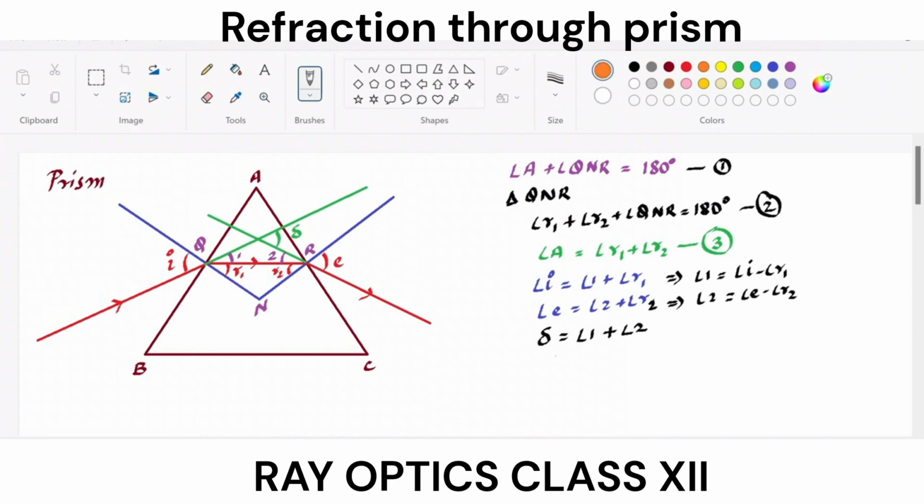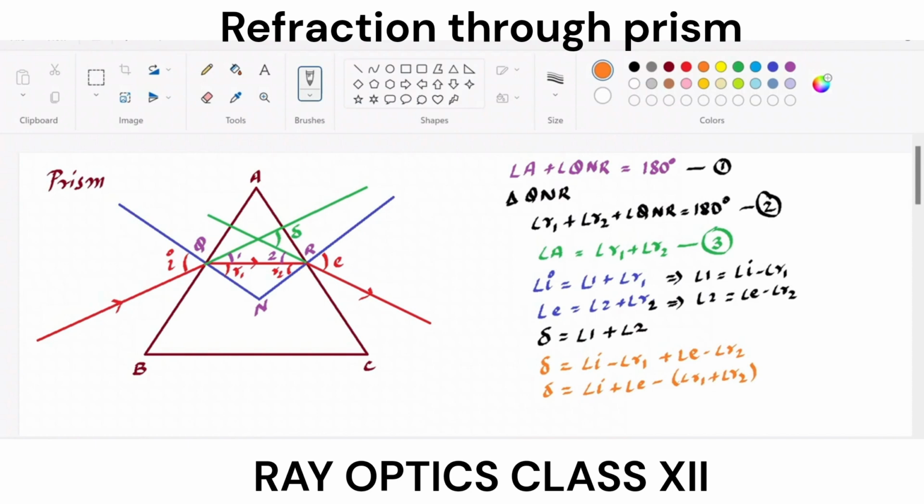So our delta will become equal to angle I minus angle R1 plus angle E minus angle R2.